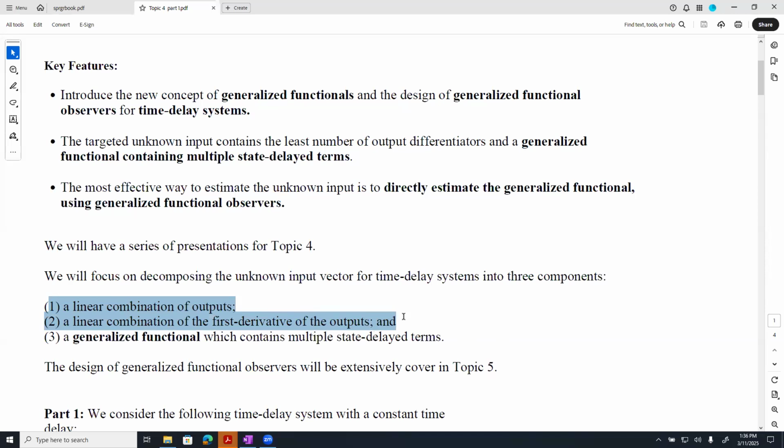We want it to be the least number of output derivatives, and then it's going to be a generalized functional. So we're going to show that this will arise in our decomposition technique.